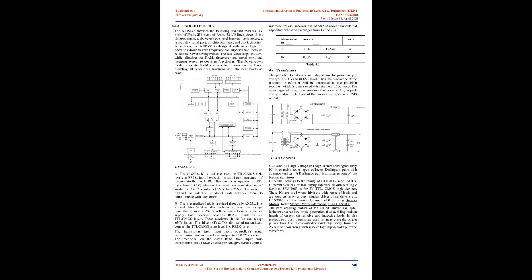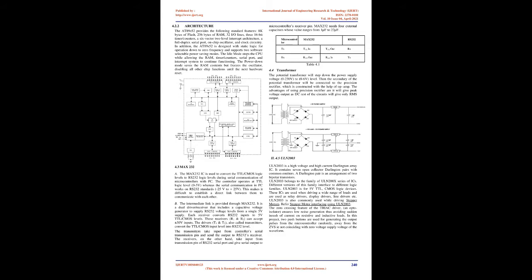In addition, the AT89S52 is designed with static logic for operation down to 0 frequency and supports 2 software selectable power-saving modes. The idle mode stops the CPU while allowing the RAM, timer/counters, serial port, and interrupt system to continue functioning. The power down mode saves the RAM contents but freezes the oscillator, disabling all other chip functions until the next interrupt or hardware reset.